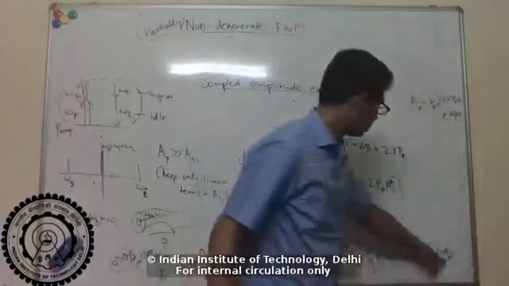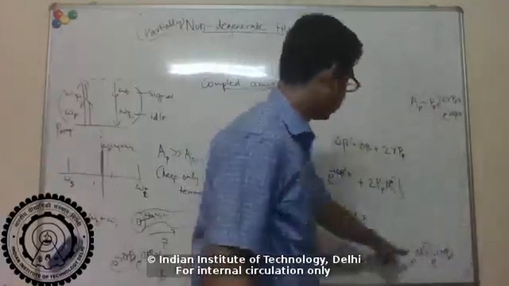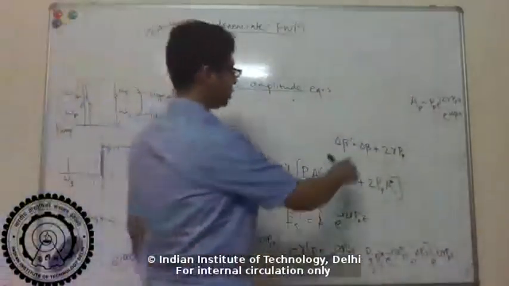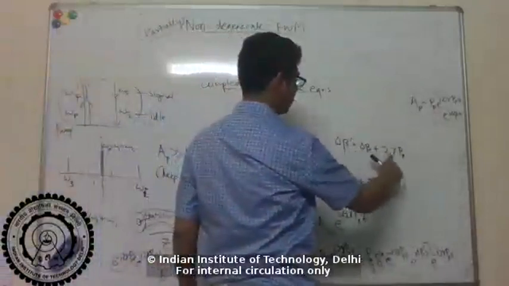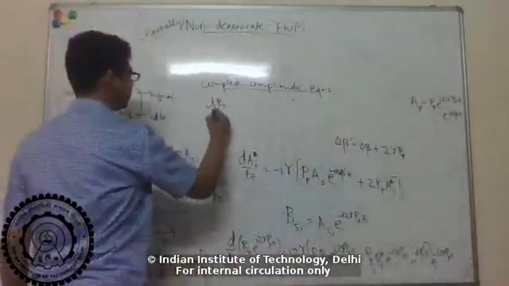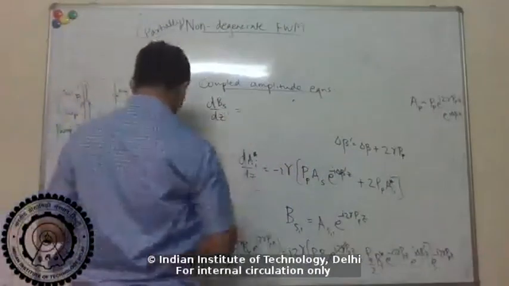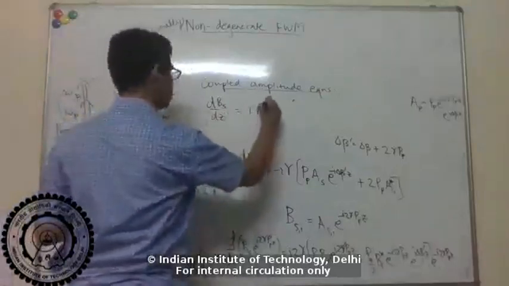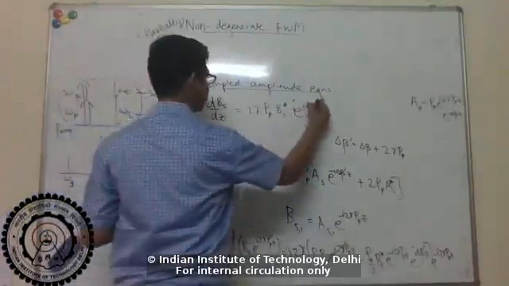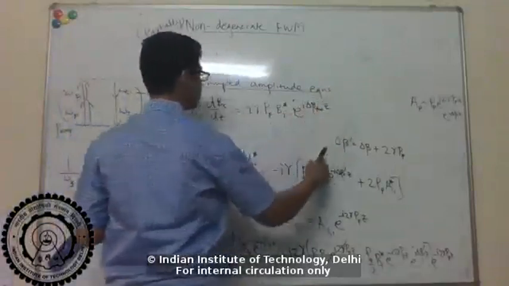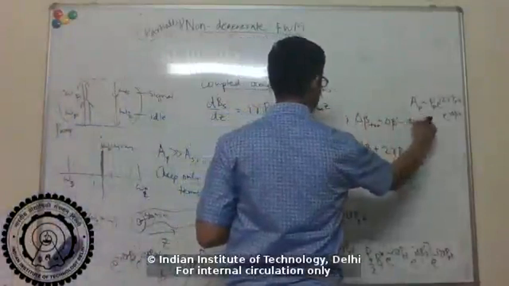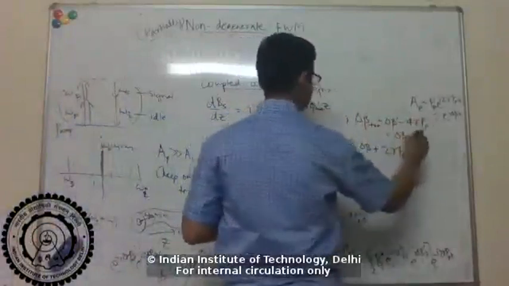Here I get 4 gamma P z, so the phase will be delta beta prime minus 4 gamma P. And delta beta prime minus 4 gamma P will be delta beta minus 2 gamma P. So if I write that equation here, dBs/dz is something times Bi conjugate e to the i delta beta total z, where delta beta total is equal to delta beta prime minus 4 gamma P, which is delta beta, the original one, minus 2 gamma P.